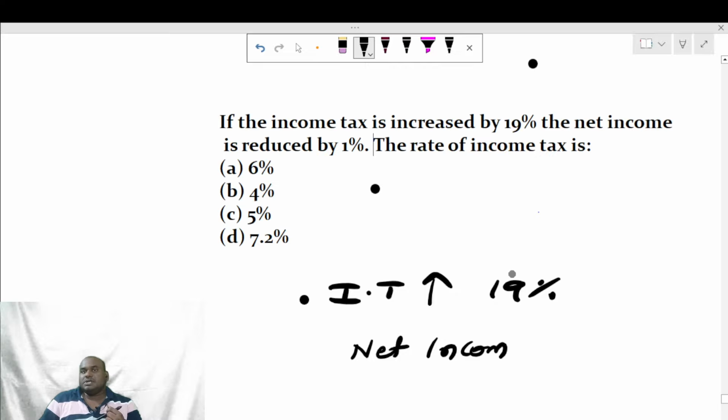Then those must be same. So I can equate 19% increase of income tax is same as 1% decrease of net income.